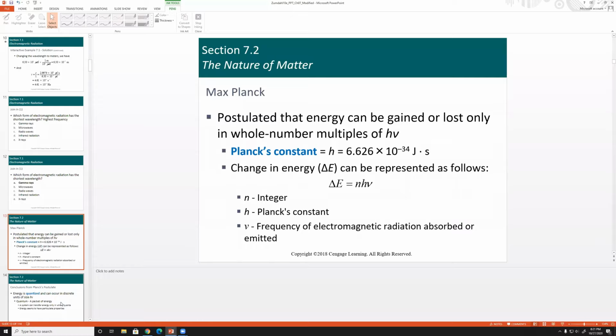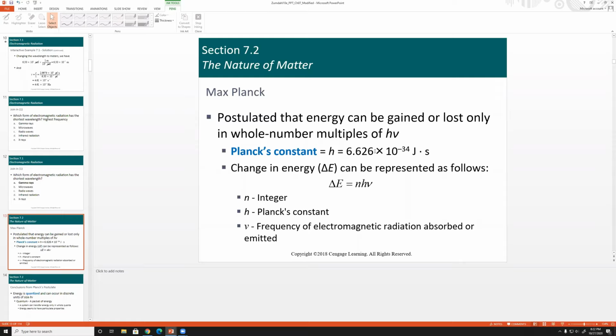So he postulated that energy can be gained or lost in whole number multiples of his calculated constant, which is Planck's constant. Basically, the energy in a photon depends on the photon's frequency. And this constant will be given on the exam and is 6.626 times 10 to the negative 34 joule seconds.